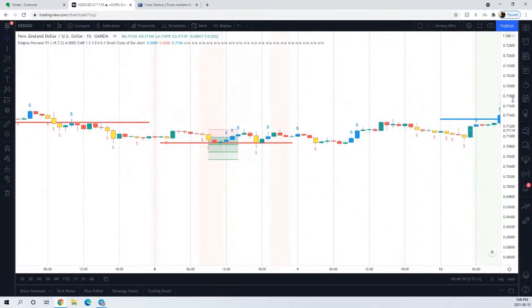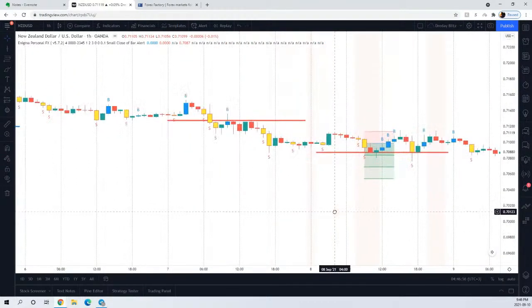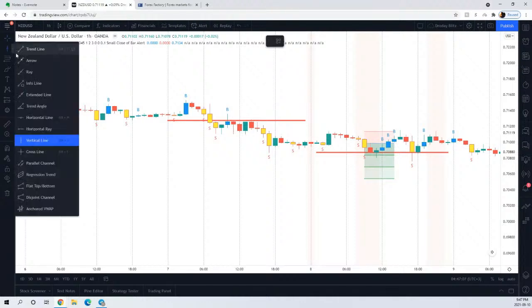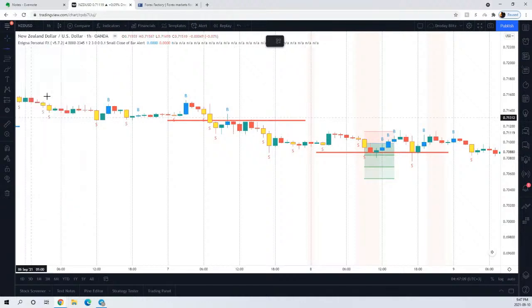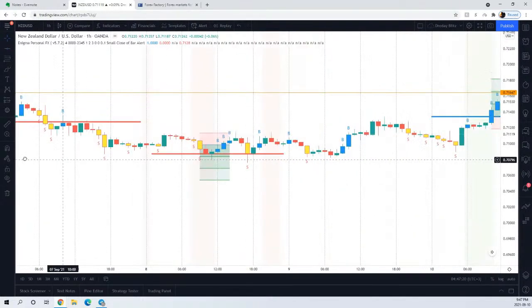So this pair didn't move a lot overall for the week, but it still sold off because it started the week right here. Right there at the start of the weekly candle, that was the high. Give you the high right there. Never touched it.